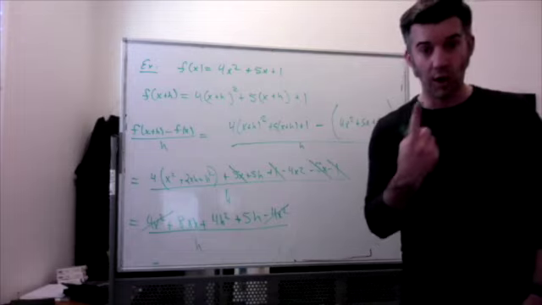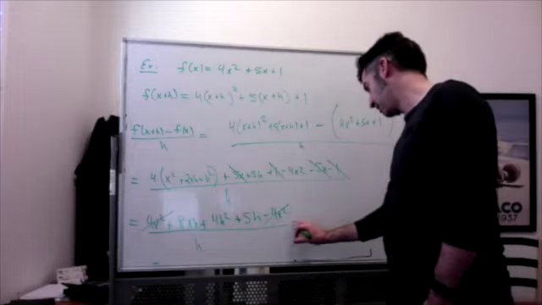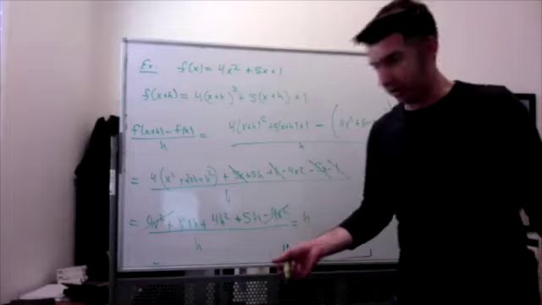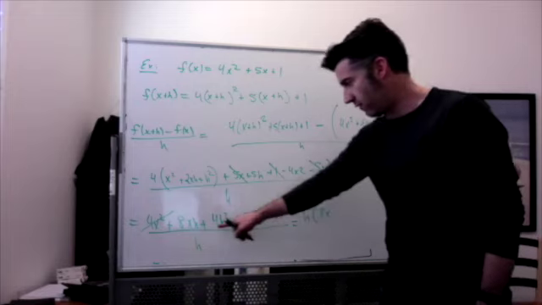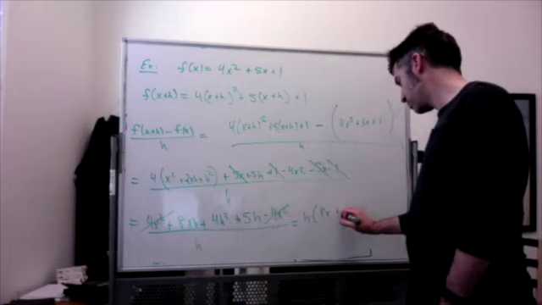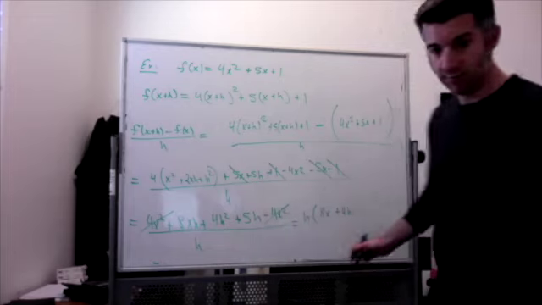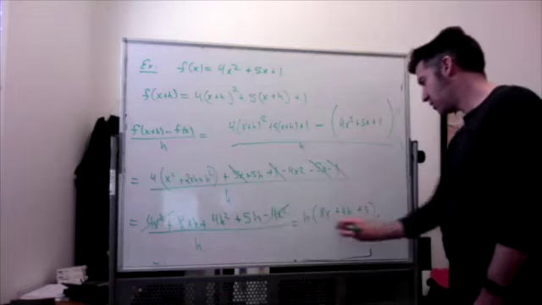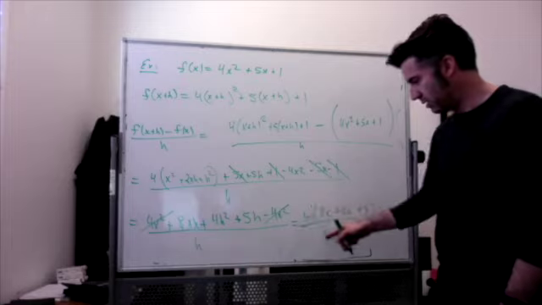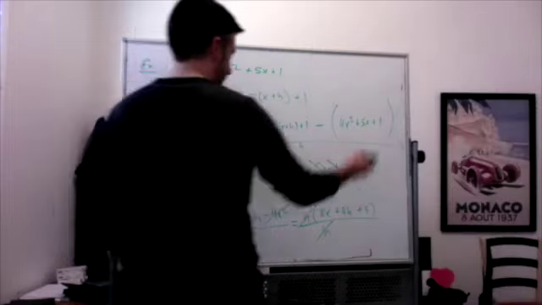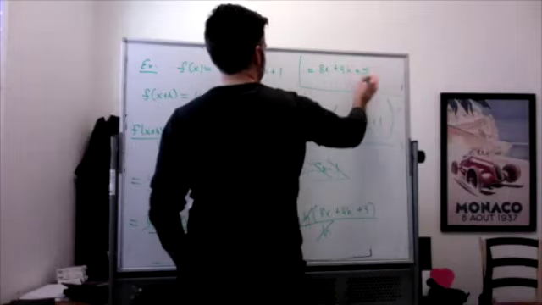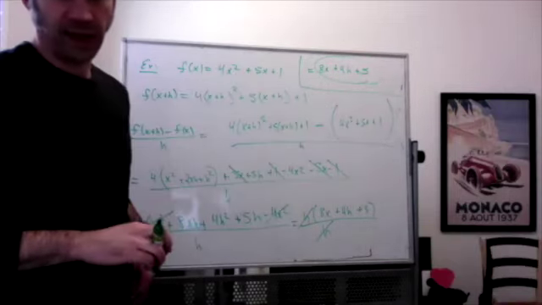I'm going to factor one h out, or divide out an h if you prefer that language. I'm left with an 8x, a 4h to the first, a 5, divided by h, and then this h and this h can cancel. Our final answer is 8x plus 4h plus 5. Just like that.